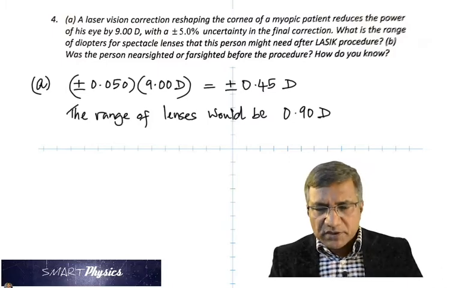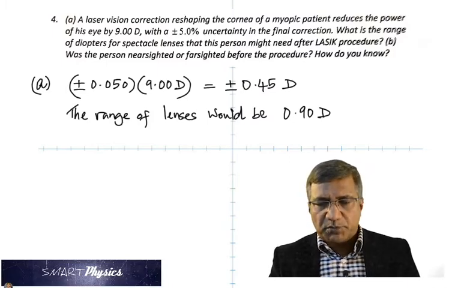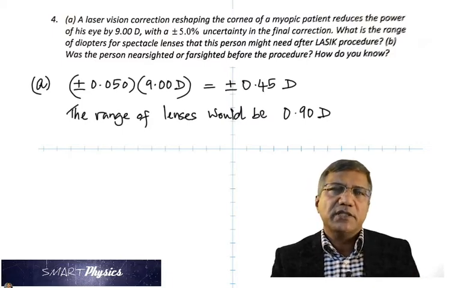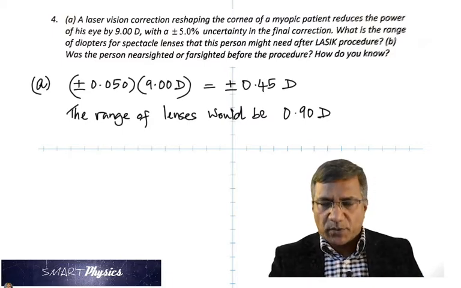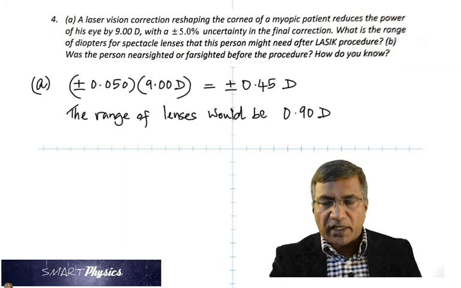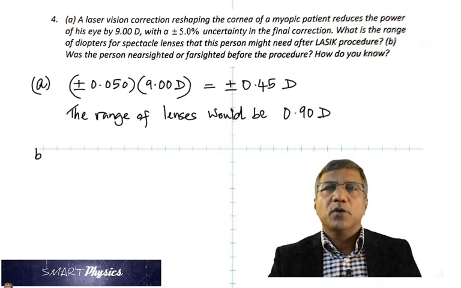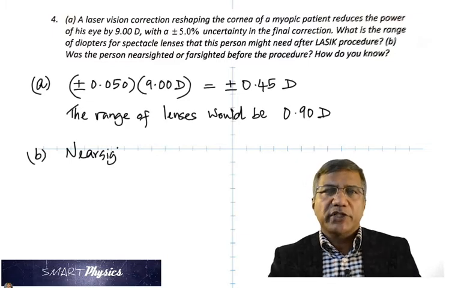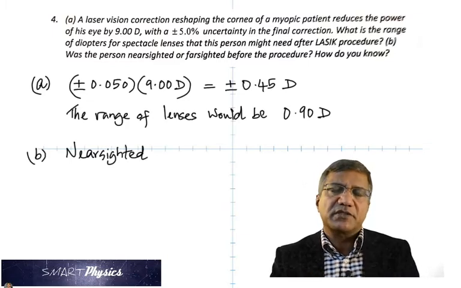And the B part says, was the person nearsighted or farsighted before the procedure? Actually, the answer is in the question. Myopia means nearsighted. So the person was nearsighted. And how do you know? Because we're reducing the power. When you reduce the power, that means the person was nearsighted.